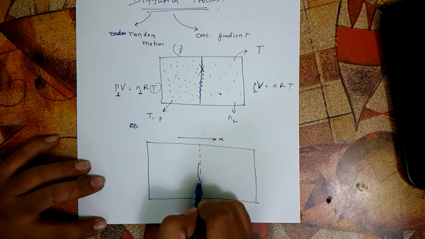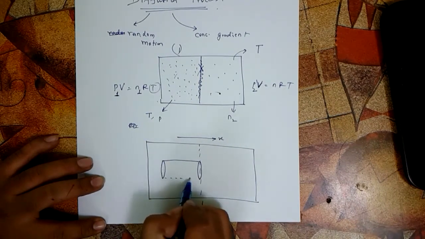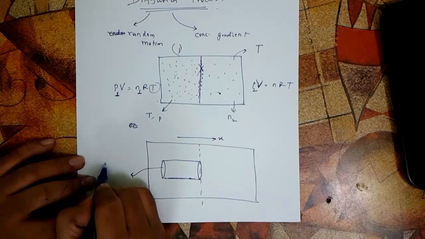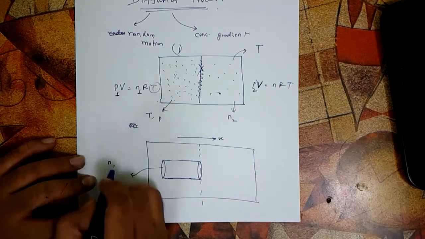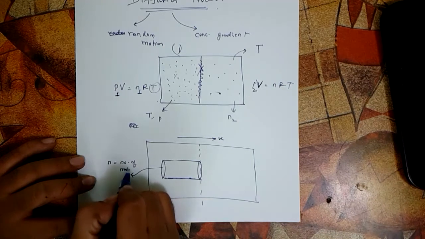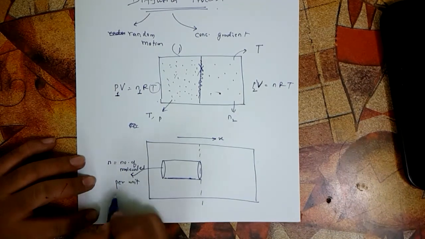Let's consider the area A. And let's define n, let's say this n is the number of molecules per unit volume.